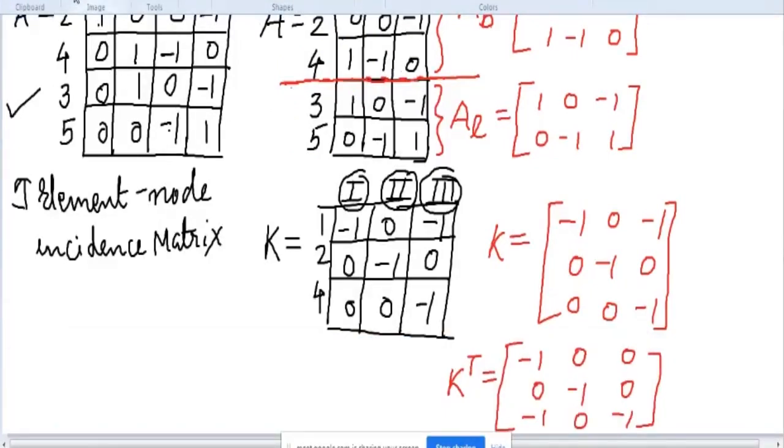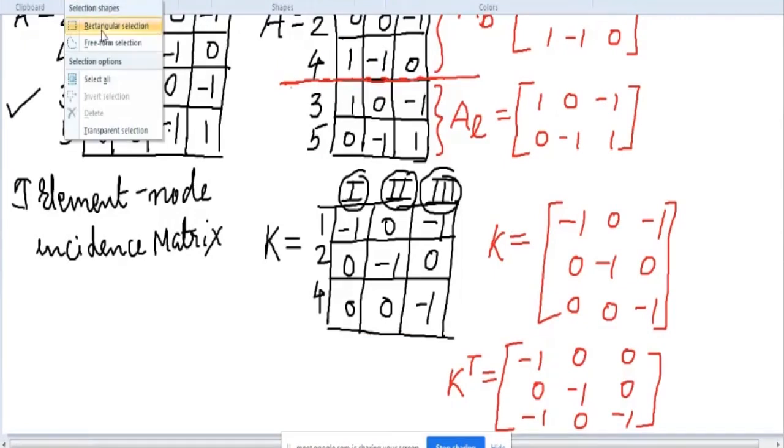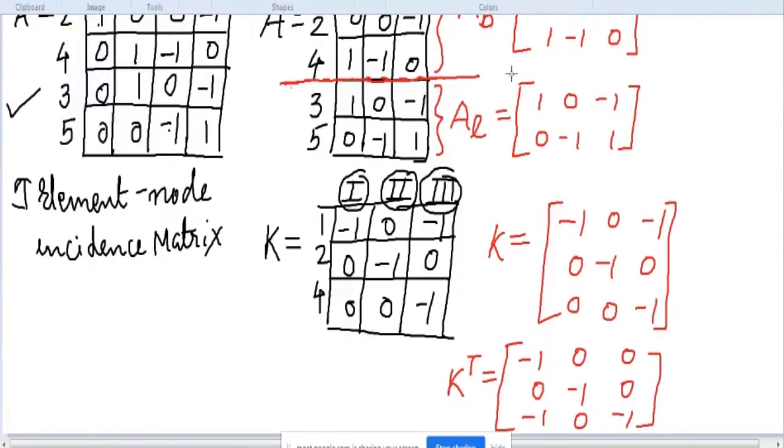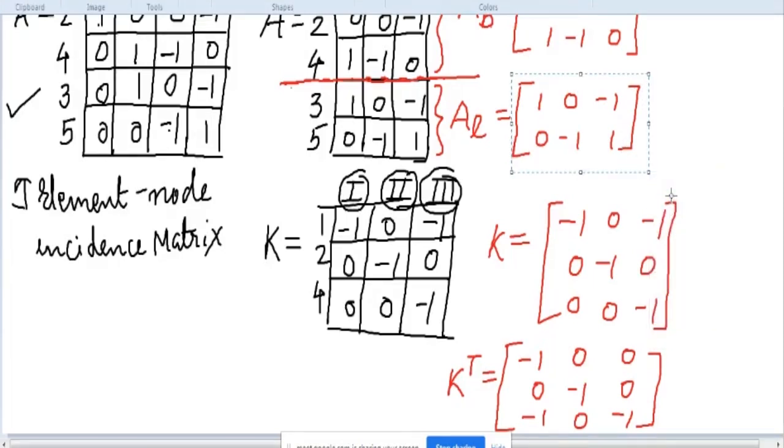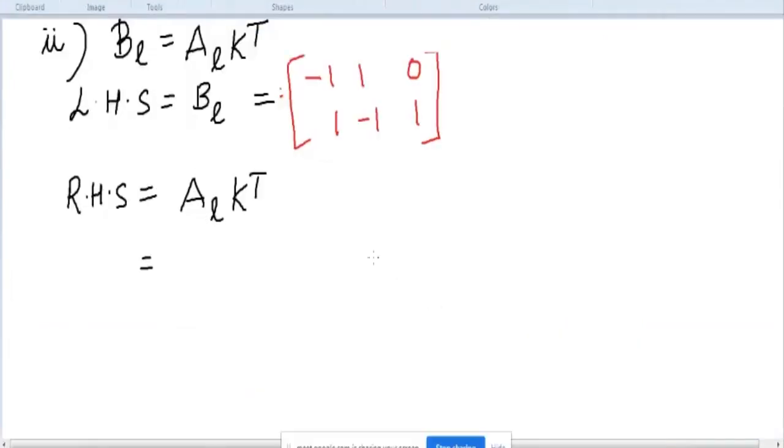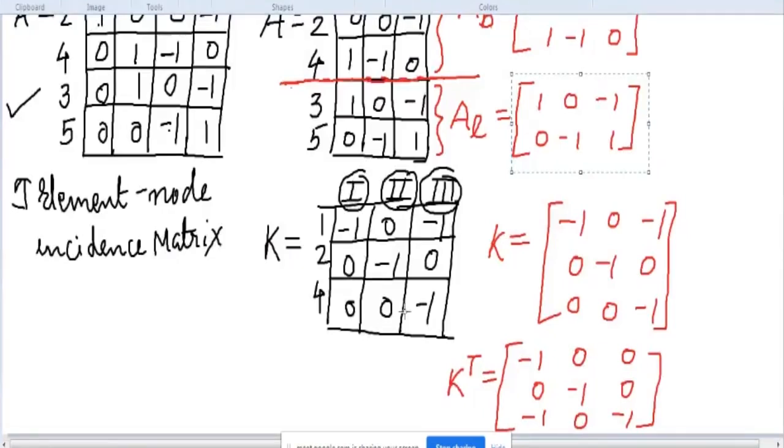So here we have AL. So we will substitute the value of AL from here. So AL is available from here, and then we will substitute the value of K transpose.